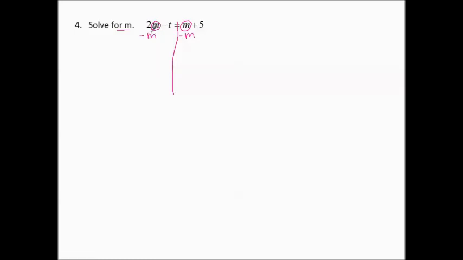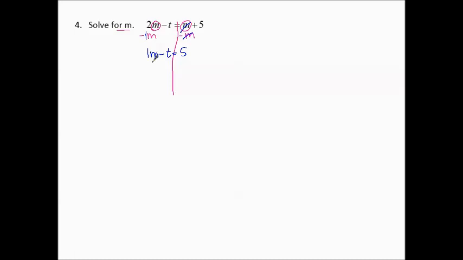Remember that with just an m there's an invisible 1. So 2m minus 1m, these are like terms, so I'm going to combine them, gives me 1m. I still have my minus t is equal to, inverse property says that those cancel, equals 5.